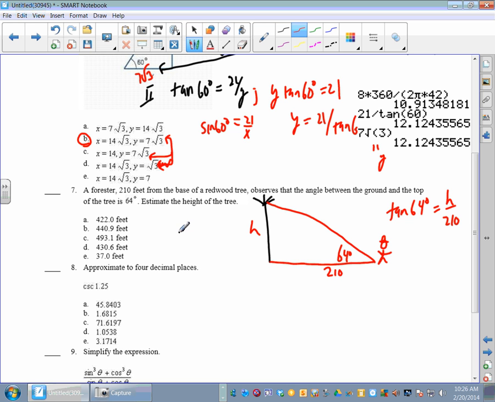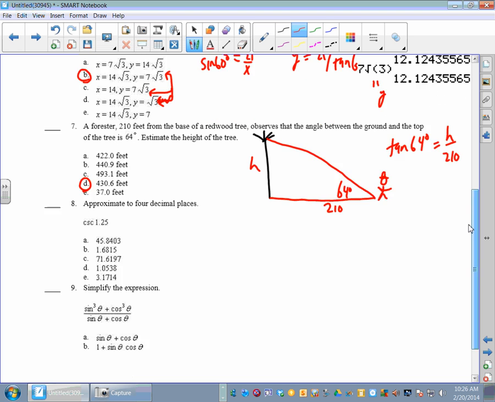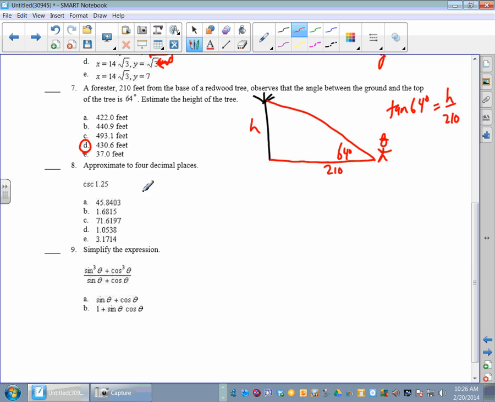All right. So, what'd you get for H? 430.6? Sounds good. All right, what mode do you have to be in to do cosecant of 1.25?